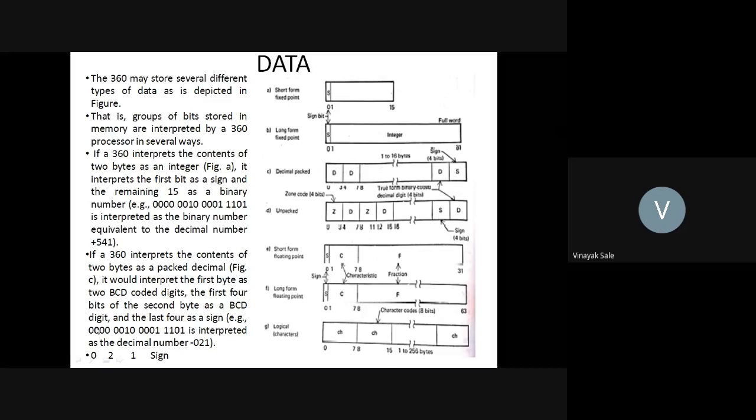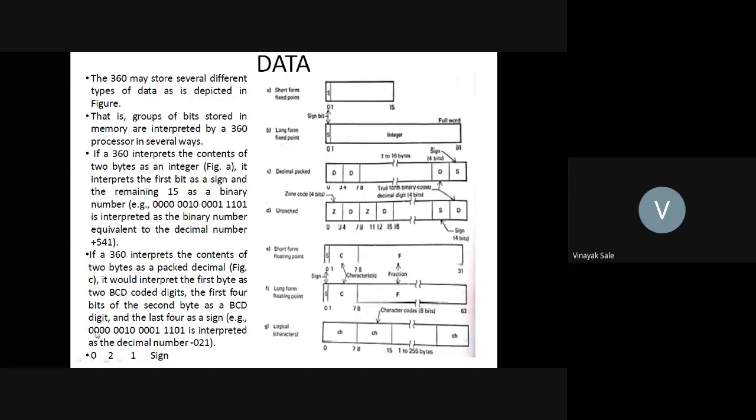Suppose data is given like this: 0000, 0010, 0001, 0011, 0001, 0011, and so on, which is interpreted as a decimal number. This indicates the last 4 bits are the sign. Here the addition of the ones is 1, so it is negative.